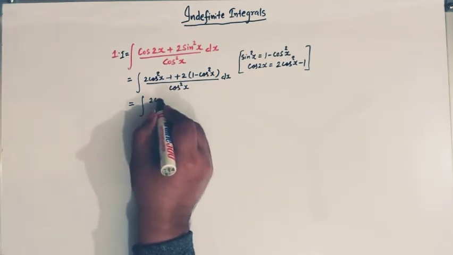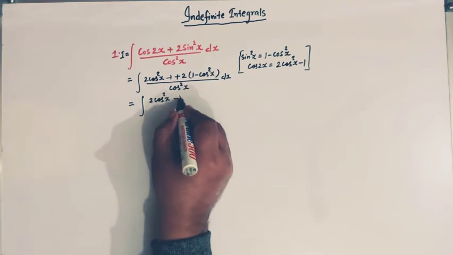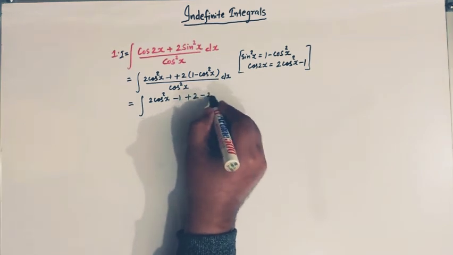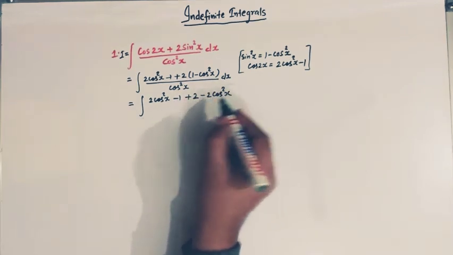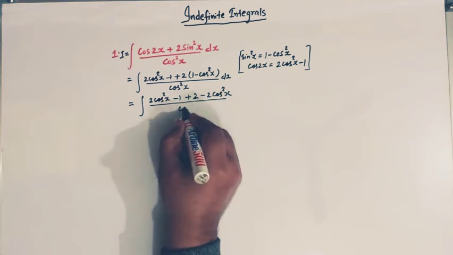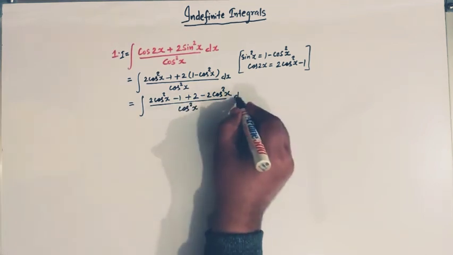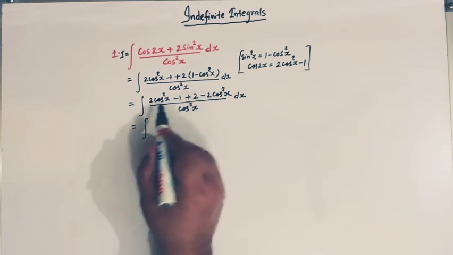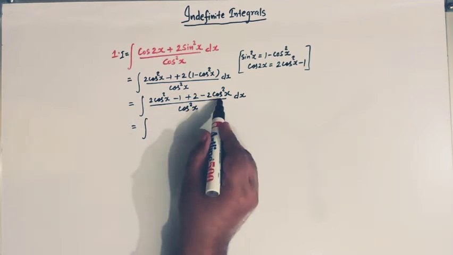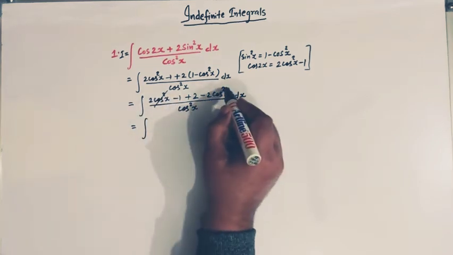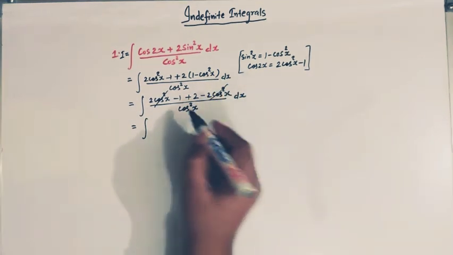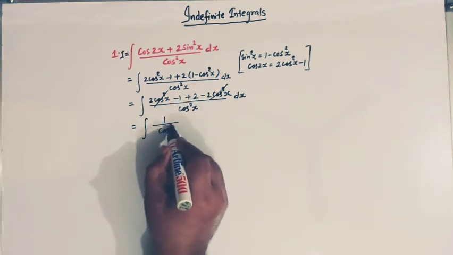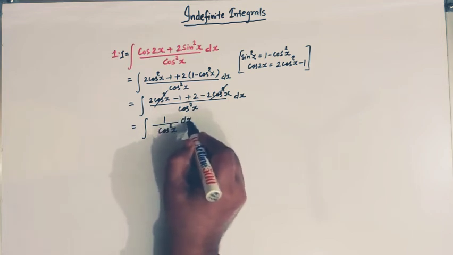So we get 2 cos square x minus 1 plus 2 times 1, 2, and minus 2 cos square x, divided by cos square x. Now the numerator becomes, see here we have 2 cos square x, 2 cos square x, so this term and this term get cancelled, so we are left with 2 minus 1 is 1 divided by cos square x dx, right?